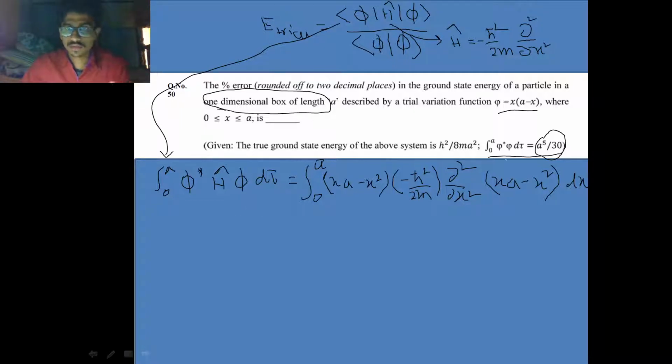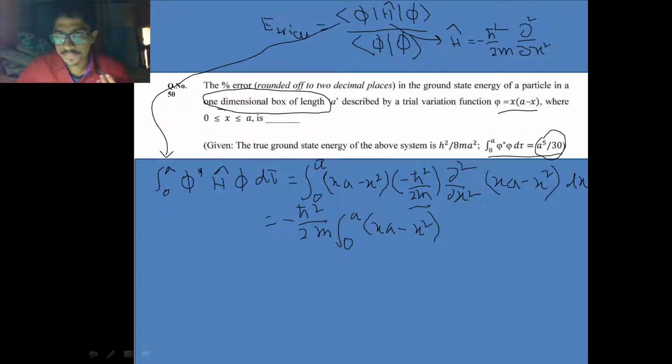How can we solve this integral? This h cut square upon 2m is a constant, so it is h cut square upon 2m into the integral from 0 to a of x(a minus x).